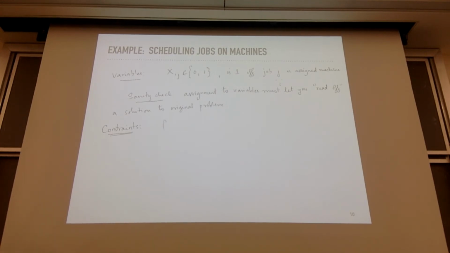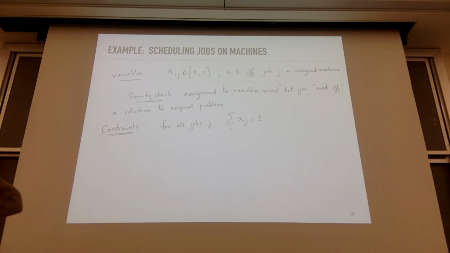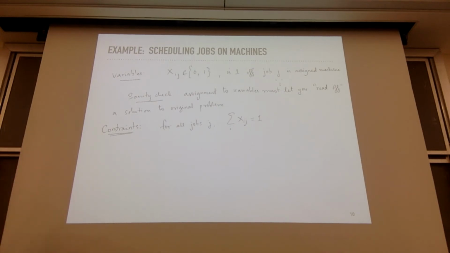So for all jobs j, the sum over i of x_ij equals 1. It must be assigned to precisely one machine. So this is that. And any other constraints you might want to add?